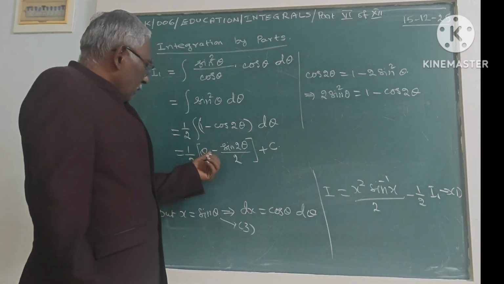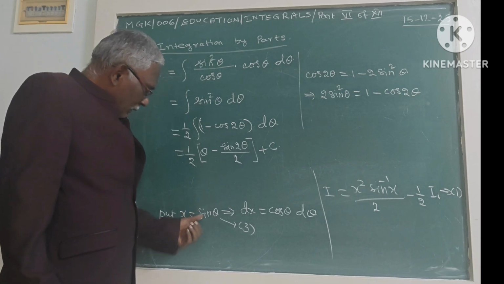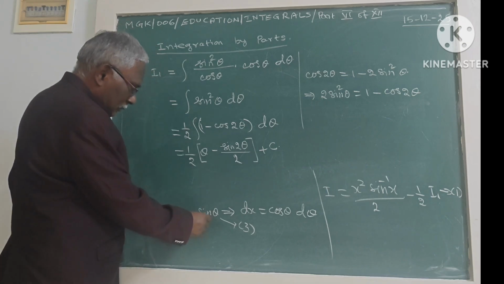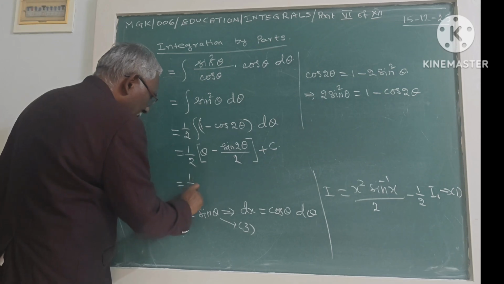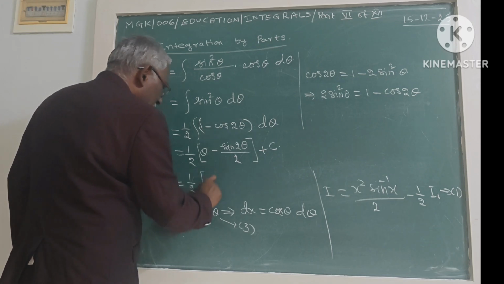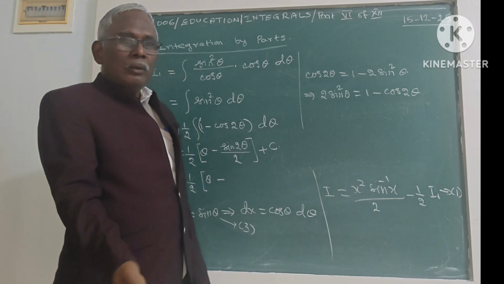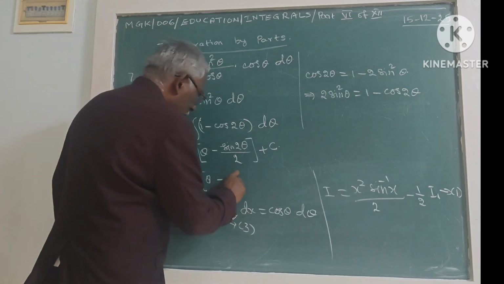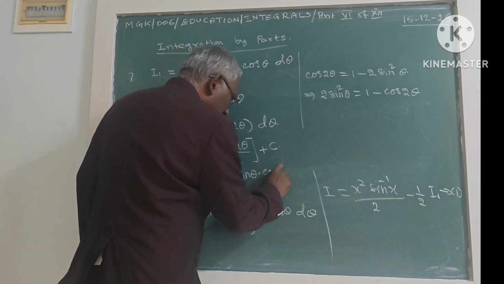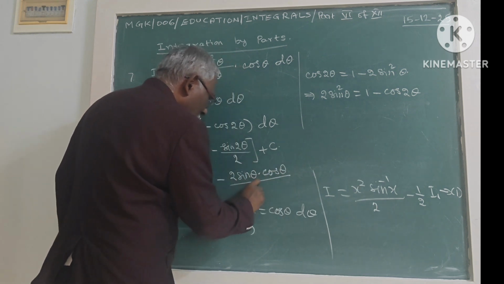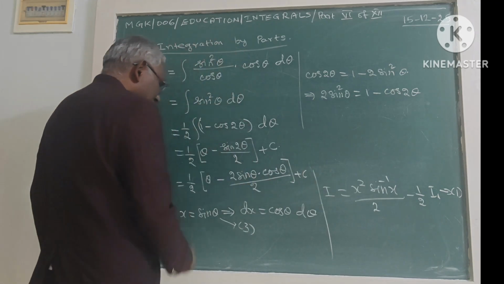Now theta we have to express in terms of x. So sine theta is x. We will further simplify: this is equal to half times theta minus sine 2 theta, which we can write as 2 sine theta cos theta, by 2, plus constant. So these two will get cancelled.